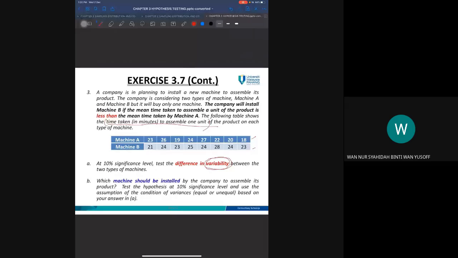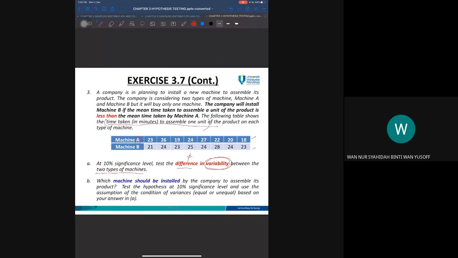Variability is not the mu, it is not the pi. It has to be sigma or sigma square. Different means not equal.